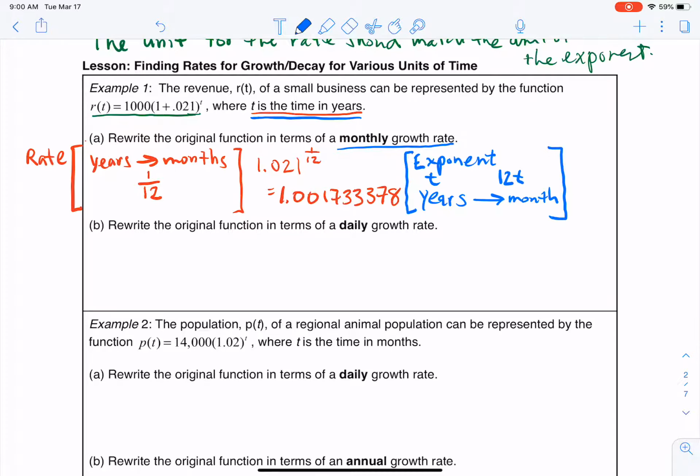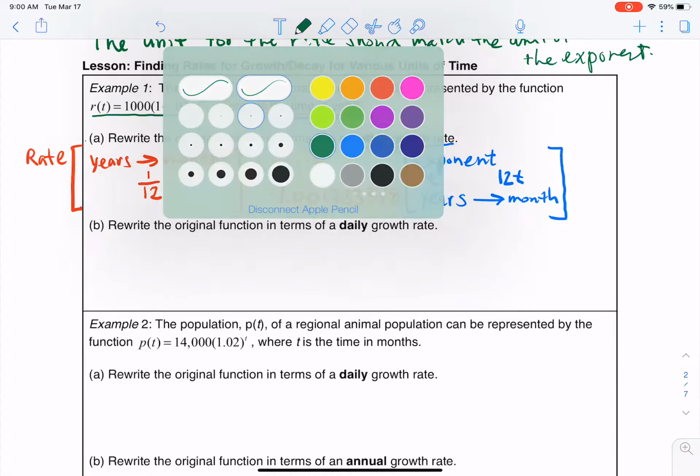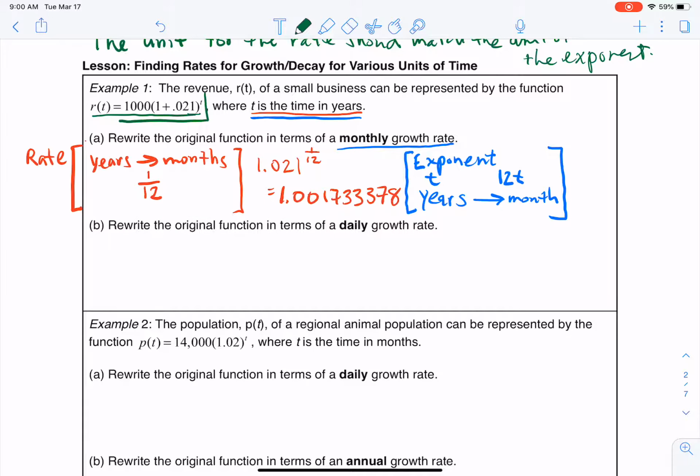To rewrite that whole equation, I'm going to look at what we started with and write R of t equals, our starting amount doesn't change, that's 1,000.